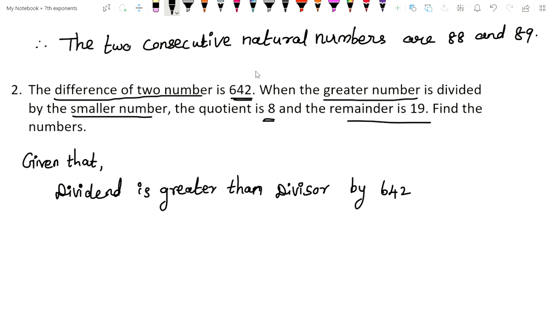Okay, so the two numbers are, one is dividend, another one is divisor. So the difference is 642. So dividend is greater than divisor by 642.